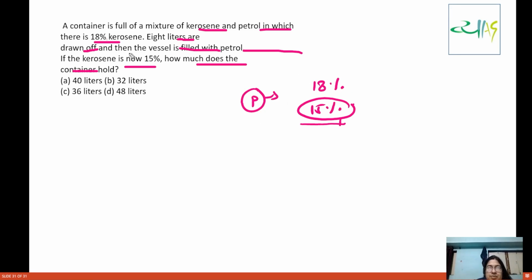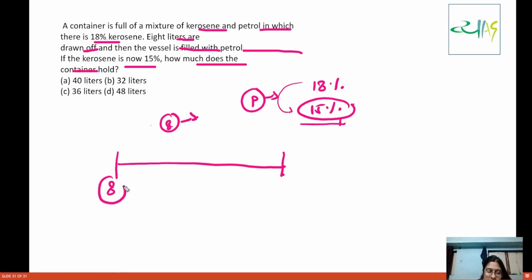Now see what it is saying, that if I completely remove 8 liters, then this comes down to this. So in the allocation formula, we can express it like this. Write 8 here.